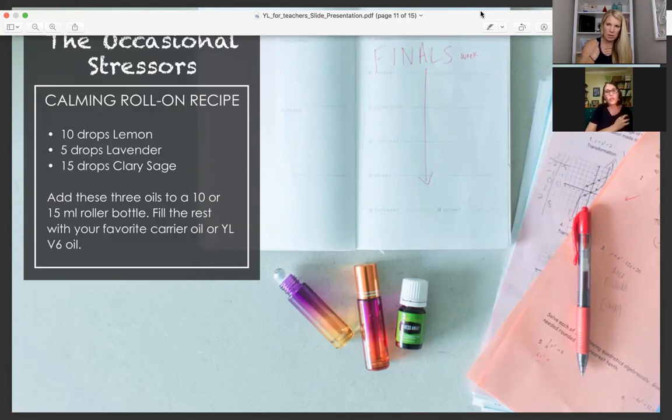You can also diffuse it by cutting the amount down to 2 drops lemon, 2 drops clary sage, and 1 drop lavender. That would be amazing to diffuse in the classroom after the kids have left, while you're setting up for the next day or grading papers.